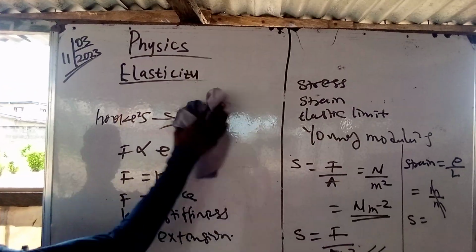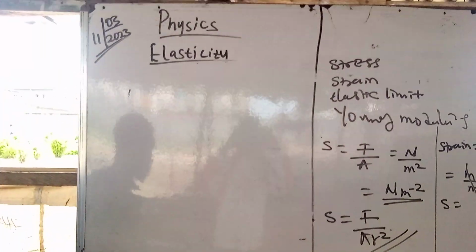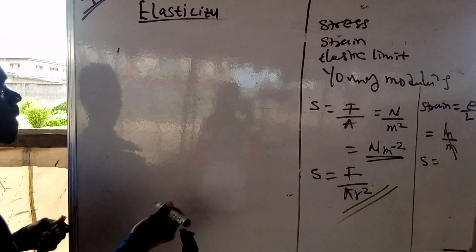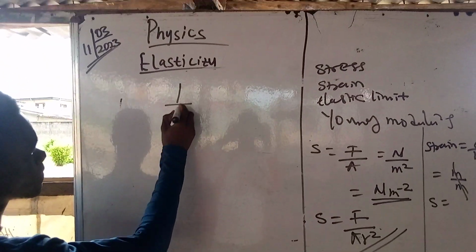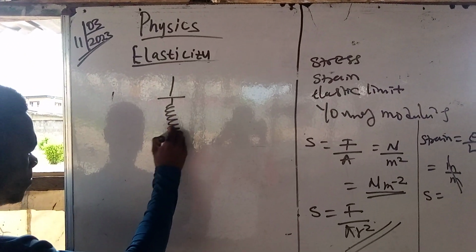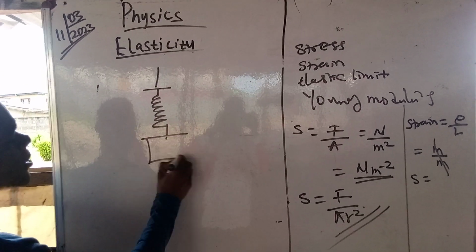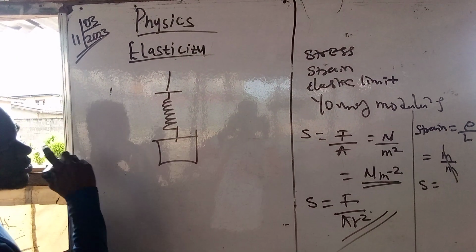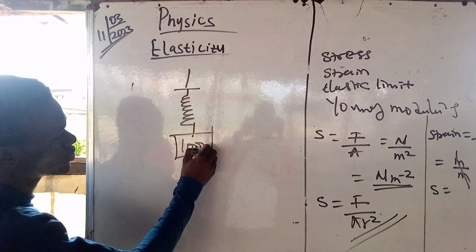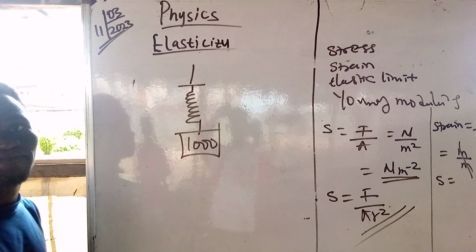Now we have a spring here. This is a spring, and the spring has a force of 1000 Newton.